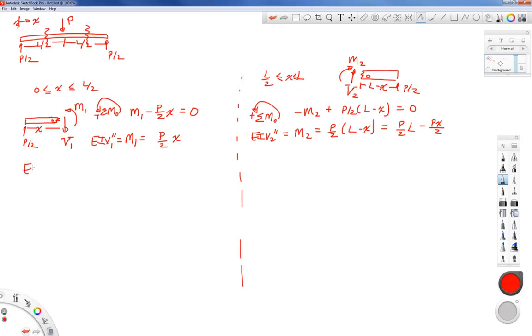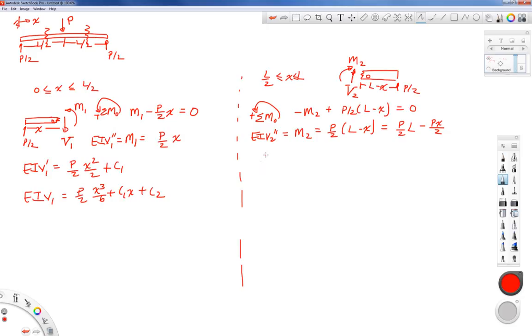So EI v1 prime is going to be equal to P over 2, x squared over 2 plus 1 constant of integration. And EI v1 is equal to P over 2, x cubed over 6 plus C1 x plus C2.